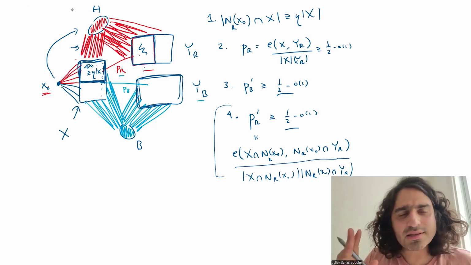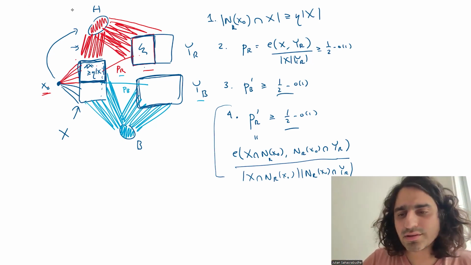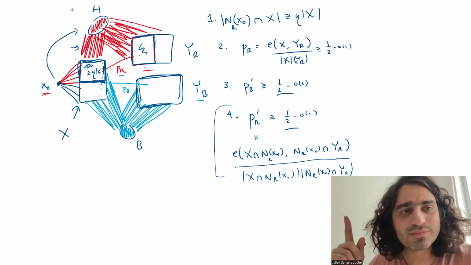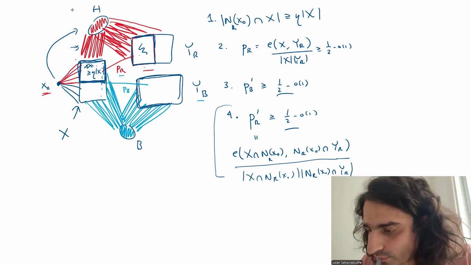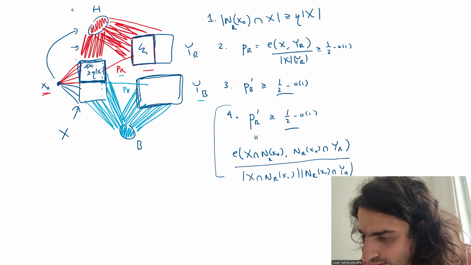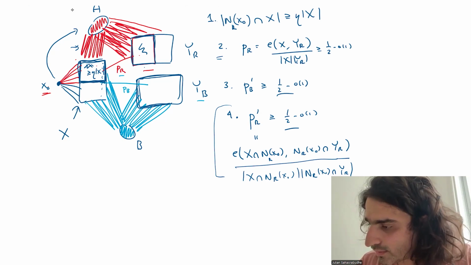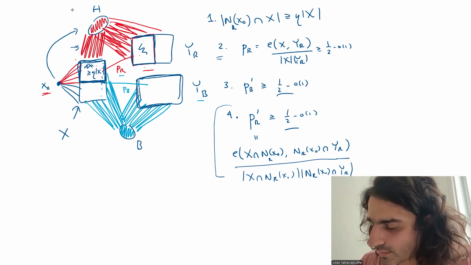Are there any other questions at this point? Why do you have density in the second point, instead of something like the first point?